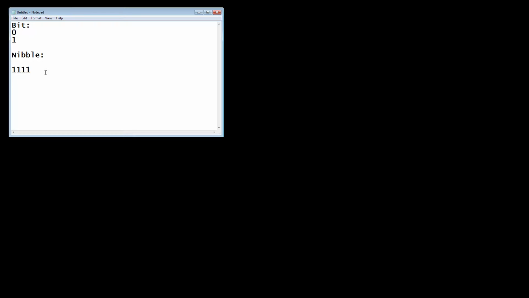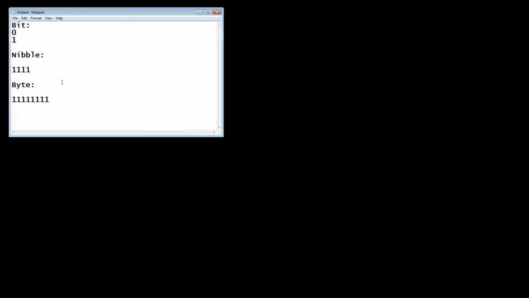So the next thing we'll be going over is the byte. The byte is two nibbles put together, or 8 bits. So the byte would be like 1, 1, 1, 1, 1, 1, 1, 1. Okay, so that's a byte. Each of those ones could either be ones or zeros, depending on what number we're trying to represent.